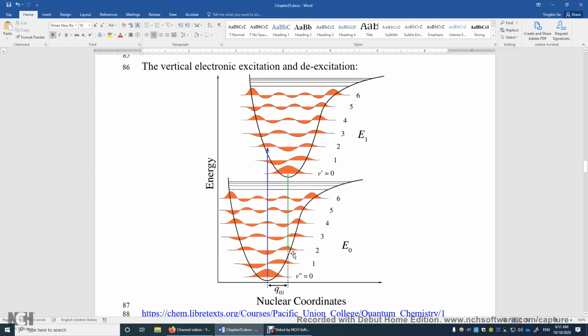Again, during this de-excitation, the time period is so short that the nuclei do not have time to change their positions correspondingly. So this is a vertical de-excitation. From here to here, this molecule may undergo again the vibrational relaxation. The additional vibrational energy may be passed to the surrounding molecules.